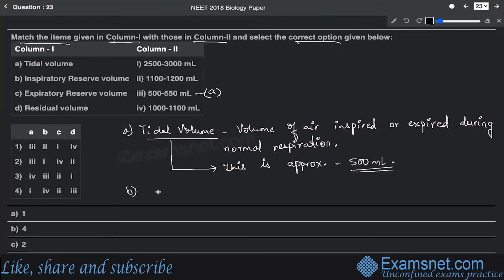Now the B1 is inspiratory reserve volume, which is also called IRV.